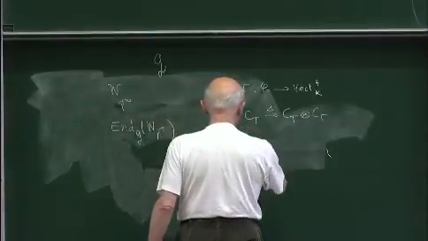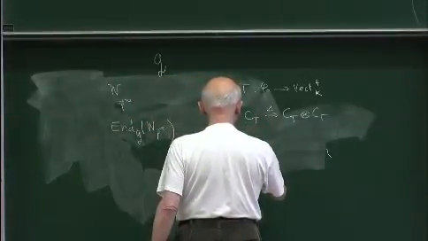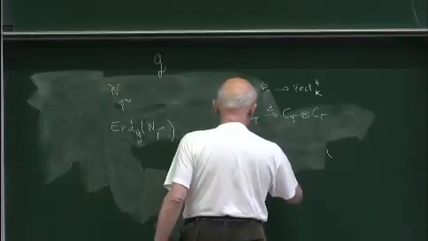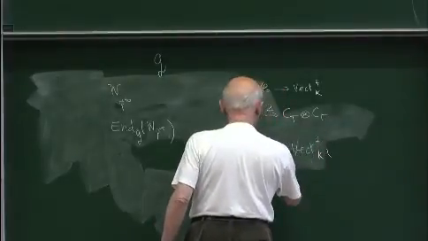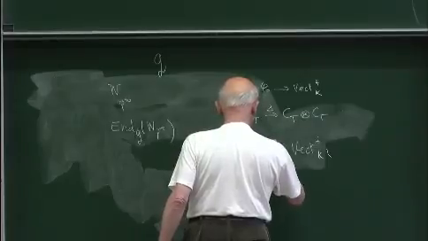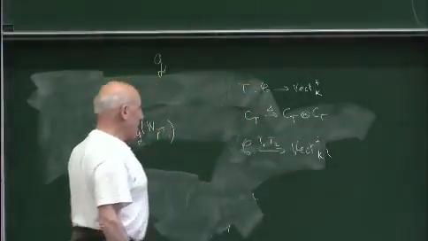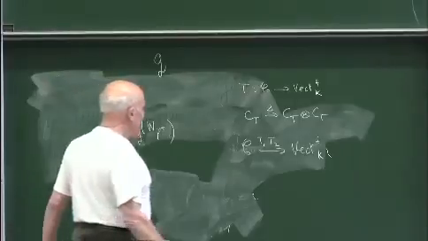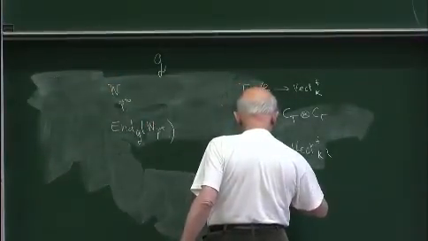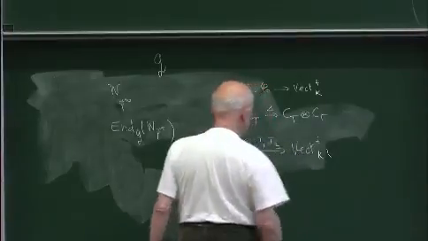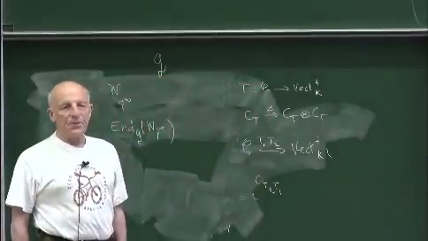Now, suppose I have two functors, T1, T2, from C to vector spaces. What do I have? I can build out of that a C_{T1,T2}, or maybe C_{T2,T1}, with the following property.